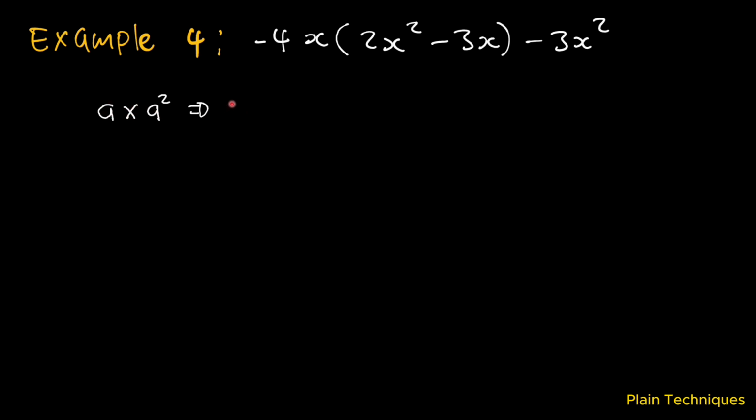So what you do is you write that base here and you add the exponents, right? So I'm going to go ahead and write A, and I add the exponents. So you have 1 here, so it's going to be 1 plus 2. So that will give you 3, right?